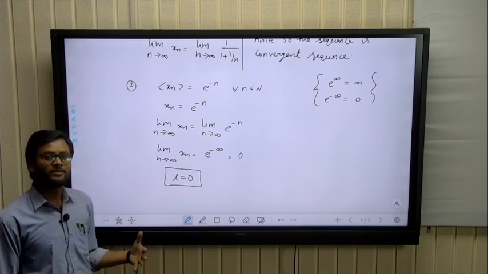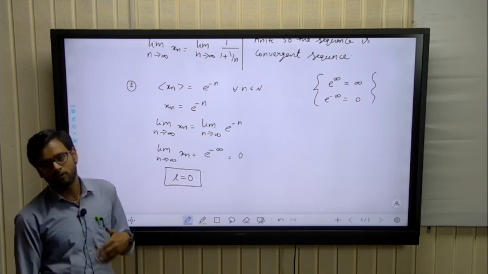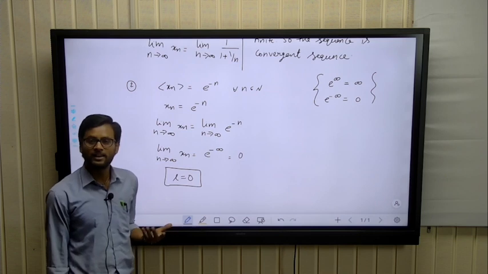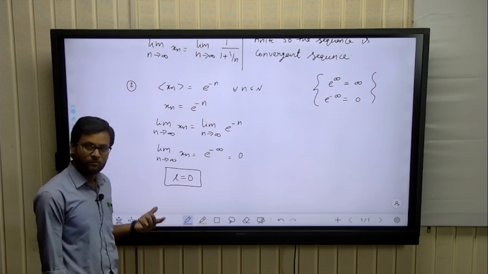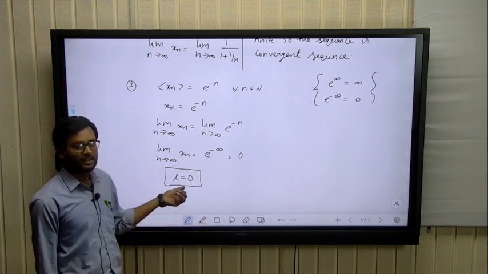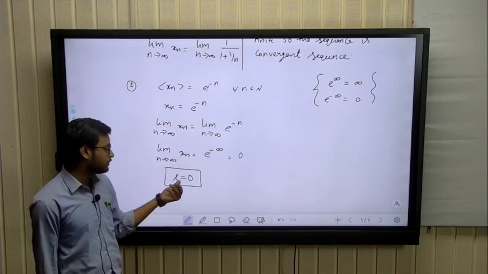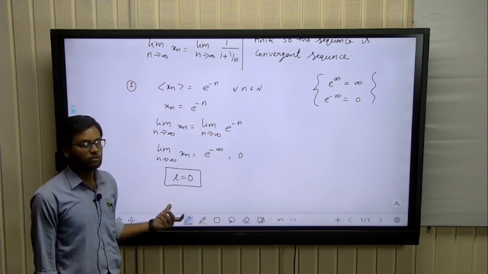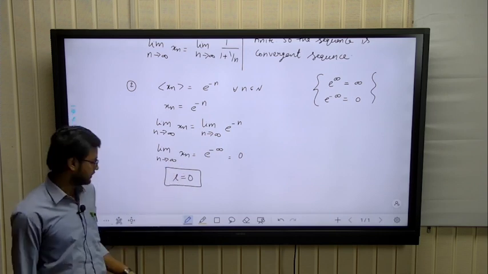The second step says to check whether the limit is finite or infinite. We all know 0 is a finite number. So the limit of the sequence is a finite number, which is 0. So the given sequence is a convergent sequence.